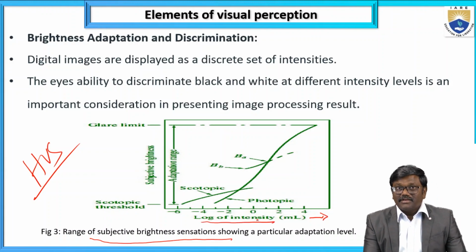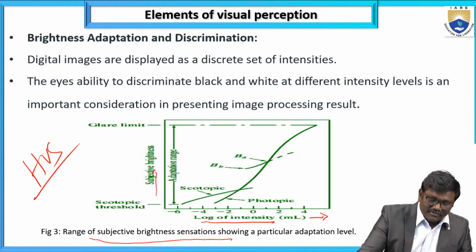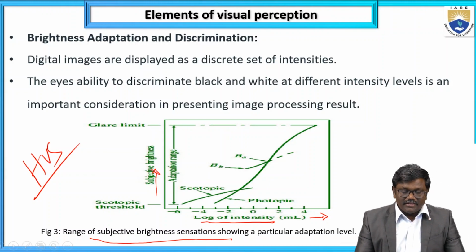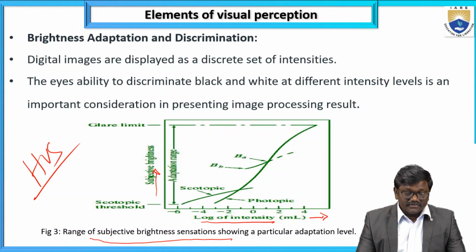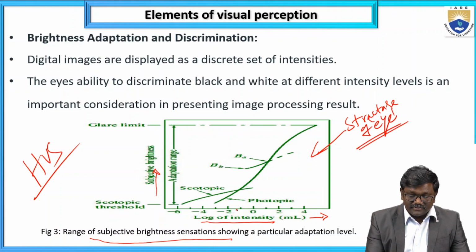What do we mean by intensity? A fixed intensity. And the y-axis we take is the subjective brightness sensitivity of a pixel. Based on the structure of the eye, you are going to understand how that varies.